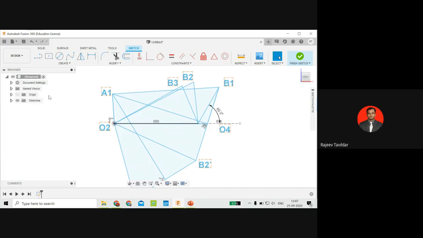So you are going to get three options over here. Any one mechanism is your final answer. In this case, I have just made O2, A1, B1 and O4. This is my final mechanism which is going to satisfy the function y is equal to sin x.